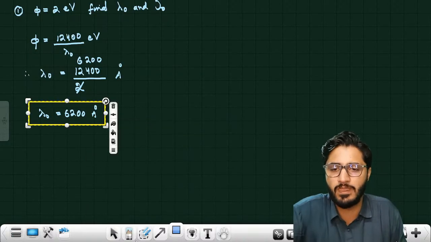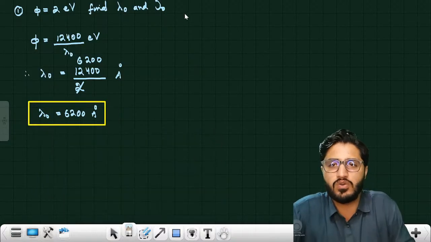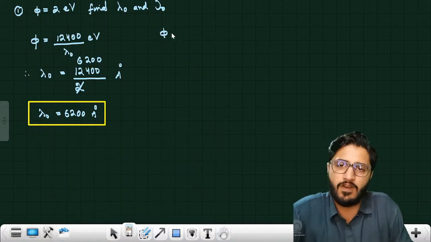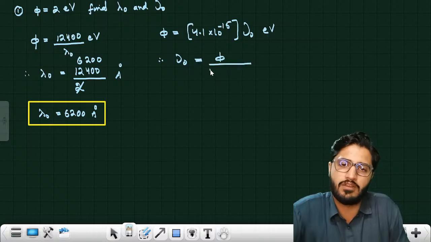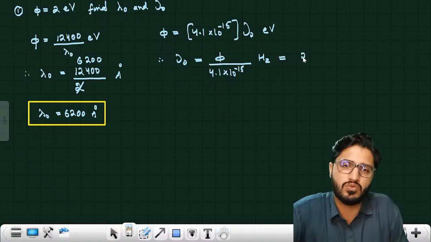6200 angstrom. In the same way, if we want to find nu naught, we know that phi equals 4.1 times 10 to the power minus 15 nu naught electron volt. So therefore nu naught equals phi divided by 4.1 times 10 to the power minus 15. It will be in hertz. So phi equals 2, so I will write 2 divided by 4.1 times 10 to the power minus 15.